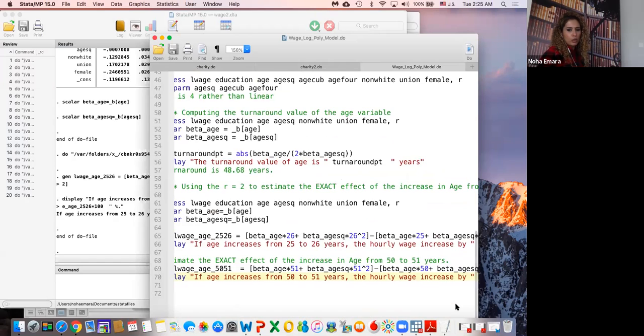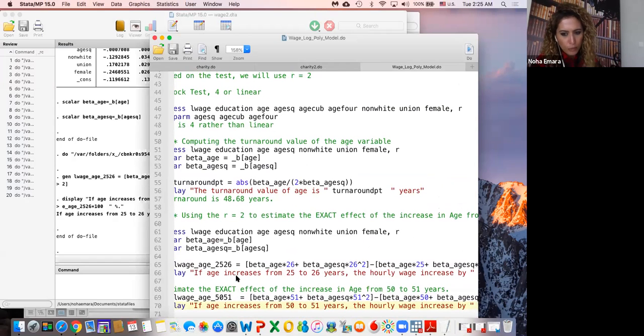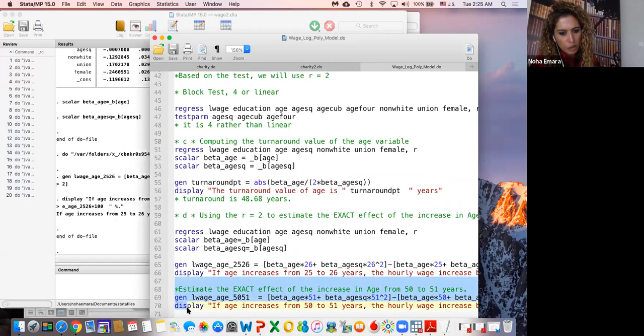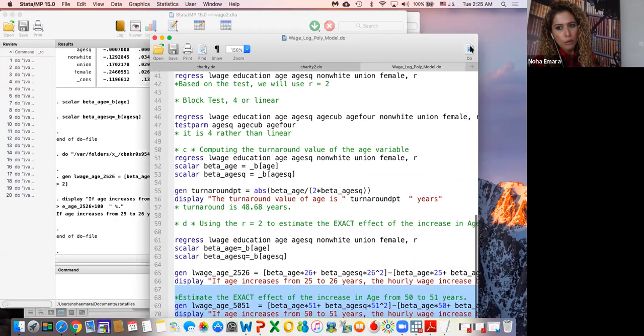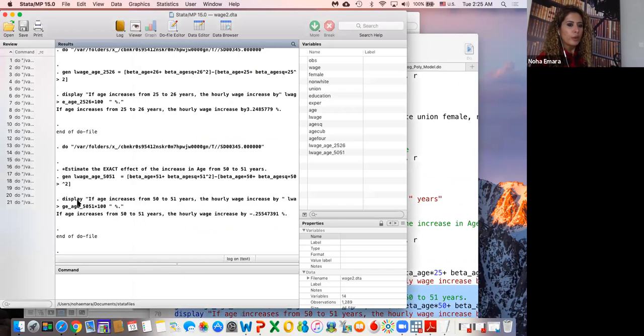Again, as I told you, this is extra information. I didn't ask you about 50 to 51, but since we're here, let me show you the extra information. So from 50 to 51, we're no more getting the same answer, right? Previously, we used to have a constant slope. Now it's no more the case. As I can see, 25 to 26 is giving me an increase in wage by about 25%.